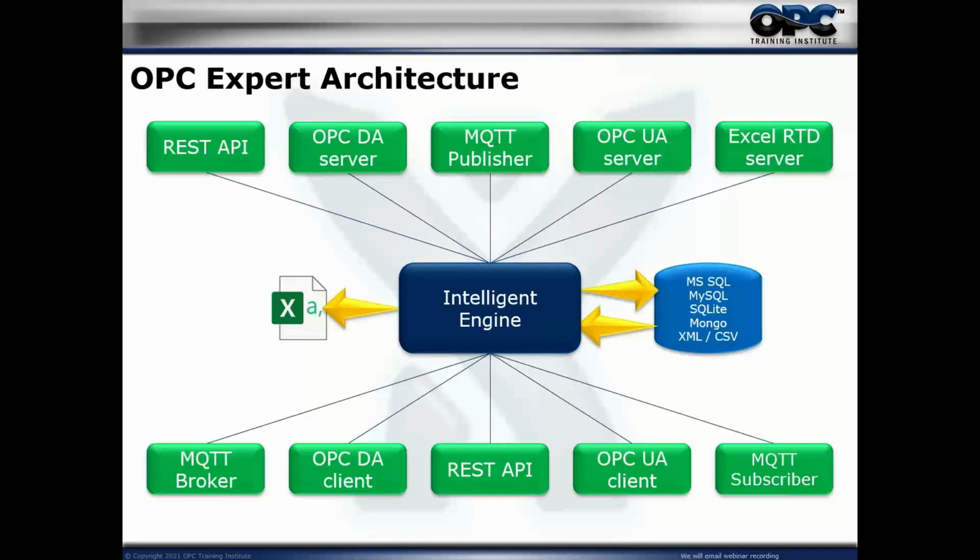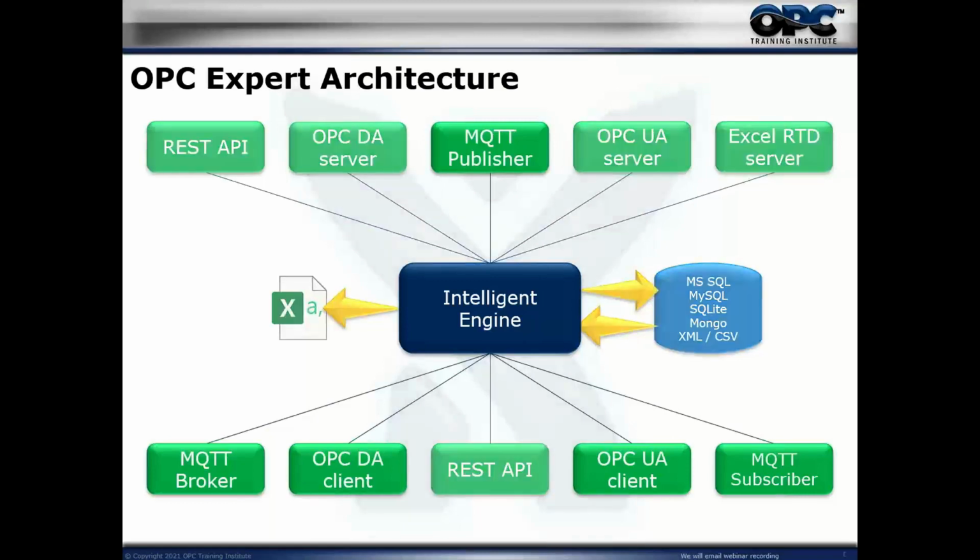You can very, very easily start to manipulate the data. And of course, if you're going over the web and you need HTTP, you can actually use REST API. So pretty cool stuff. This is all inside OPC Expert, and you can actually try this, and you can diagnose your existing MQTT or OPC connections.